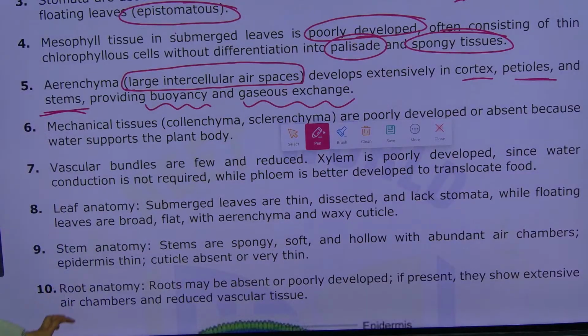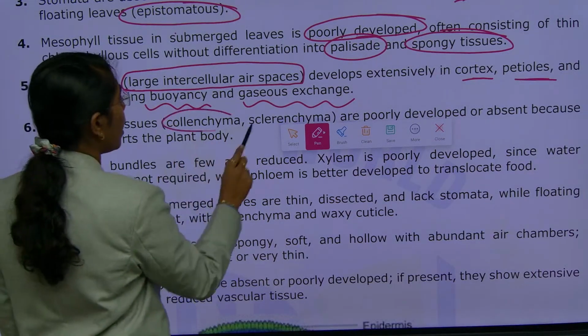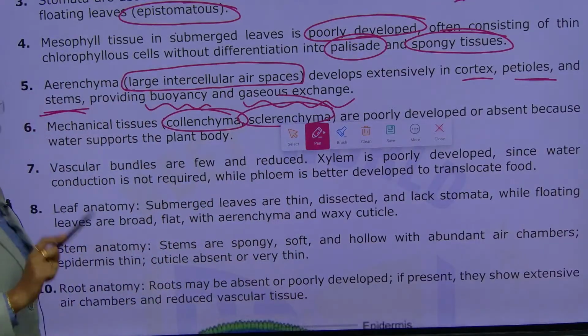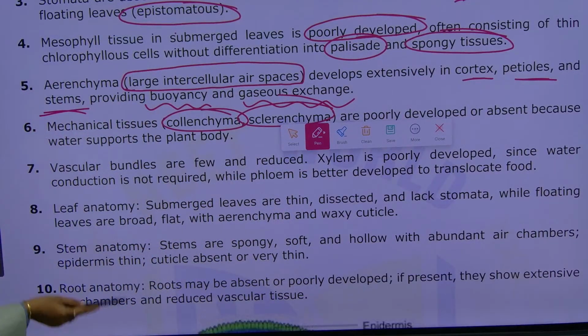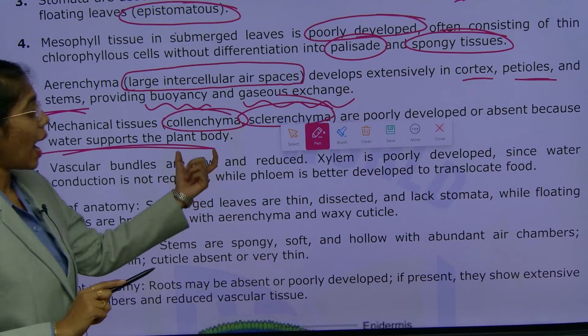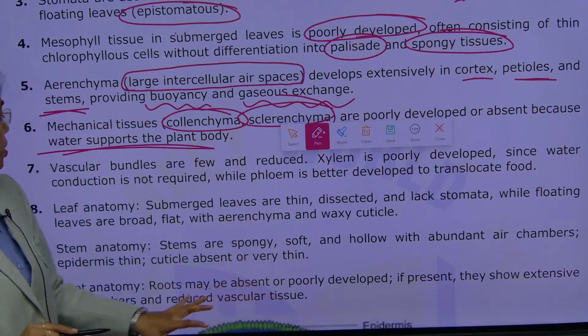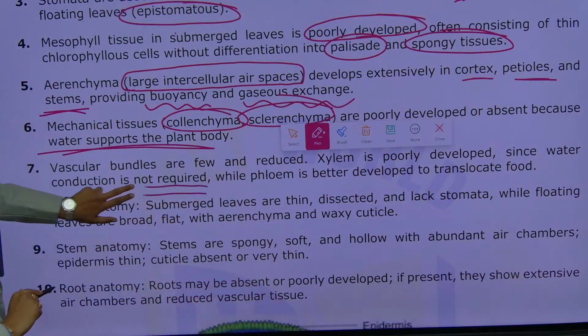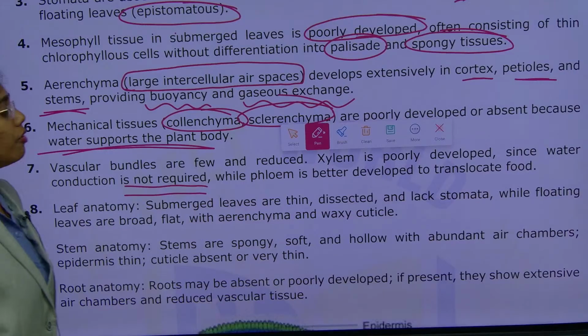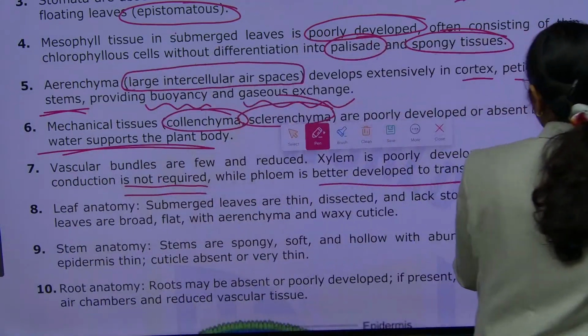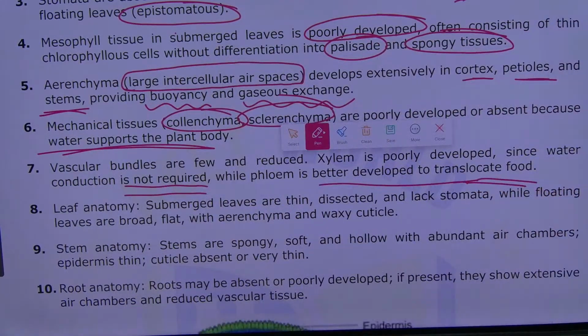Next, mechanical tissues like collenchyma and sclerenchyma are poorly developed or absent because water supports the plant body. Vascular bundles are few and reduced in hydrophytes, where xylem is poorly developed since water conduction is not at all required. Okay, while phloem is better developed to translocate food.